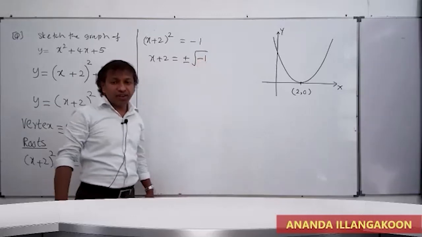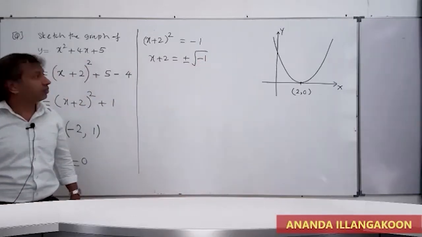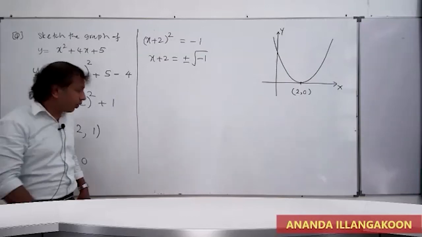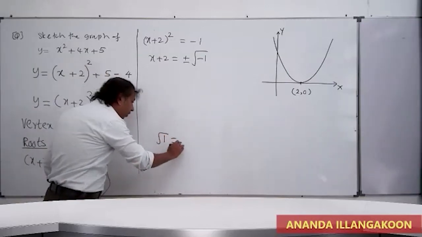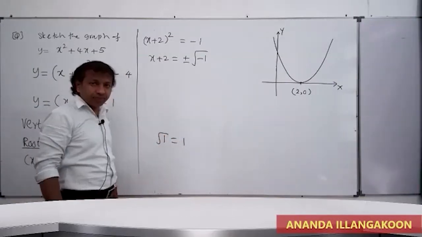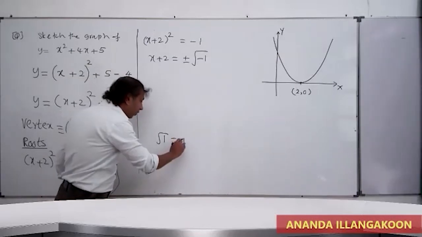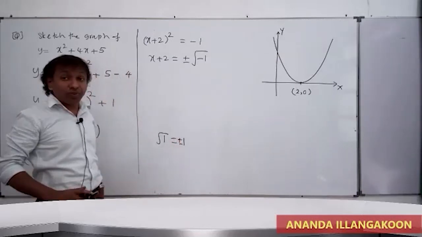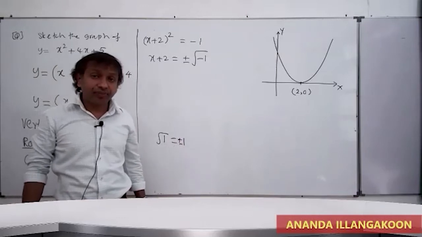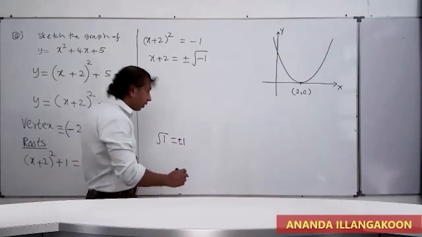People, tell me how to find the square root of minus 1. The square root of plus 1 is okay, people: plus or minus 1. But what is the square root of minus 1? Square root means what, people?